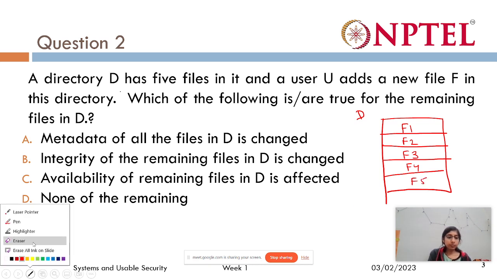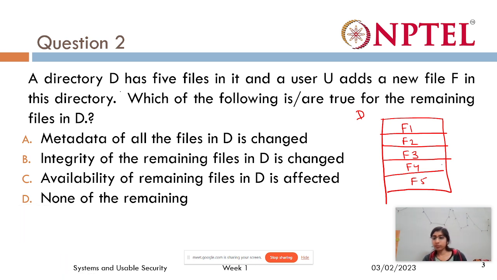Now the user U comes and he adds another file. This is added by the user U. So you have to take what option should be correct. Please put your answers in the chat box. D here stands for the directory and U stands for the user.